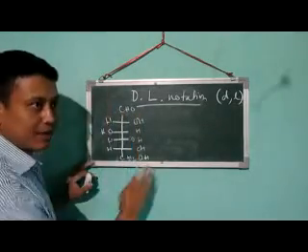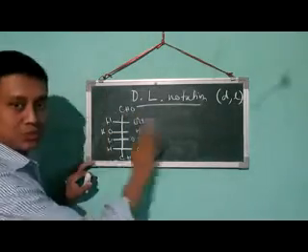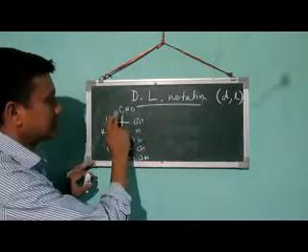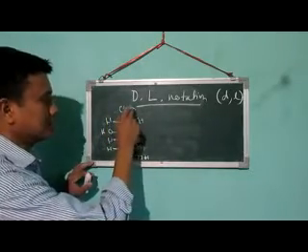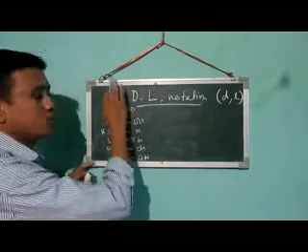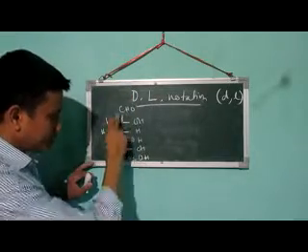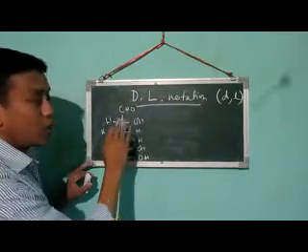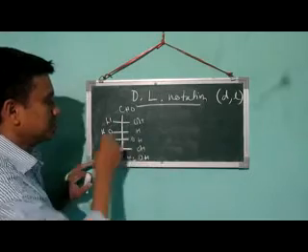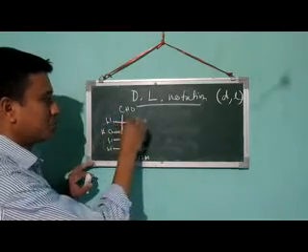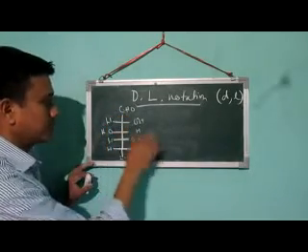So we have to write down the structure in Fischer projection. This is Fischer projection, and in this structure, this CHO group should be on the top. That means the most oxidized group should be on the top. And accordingly, if we write down the structures, then we have to see how many chiral centers there are. This is one chiral center because 1, 2, 3, 4 different groups are there.